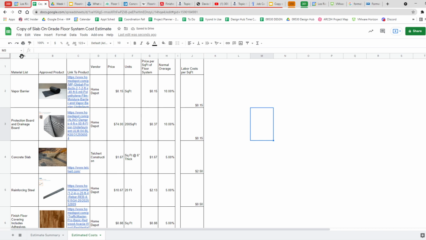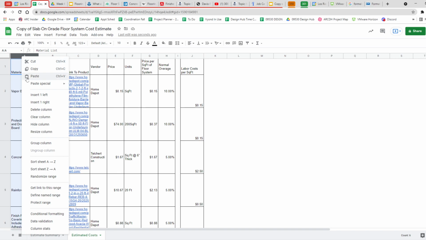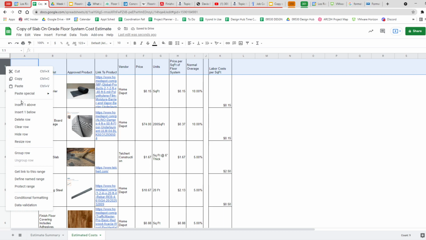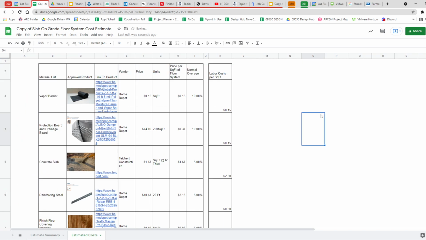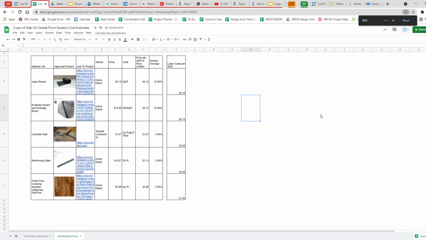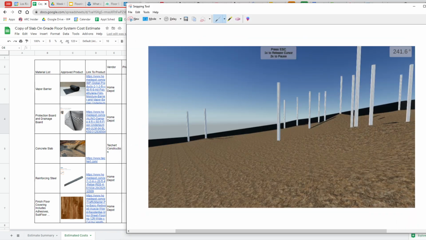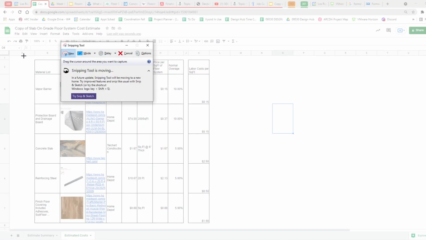And then I might need to put a new column to the left and a new row above. Because now I can get a nicer image snip, right? My image snip now gets a little bit nicer.